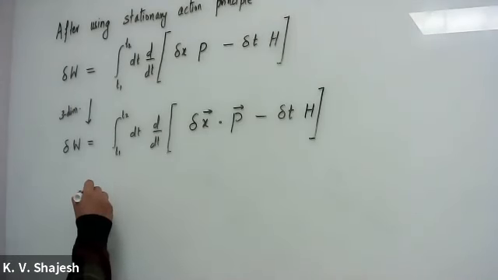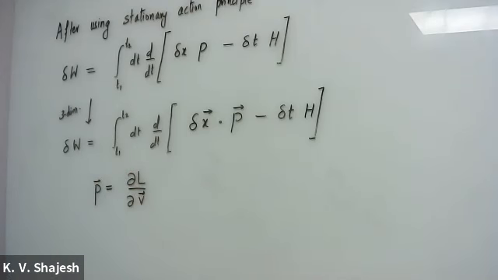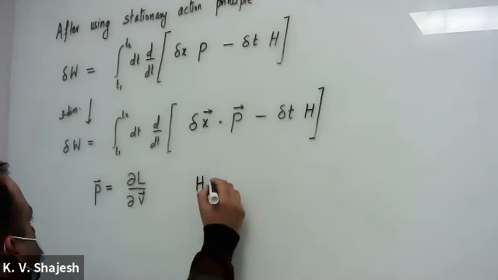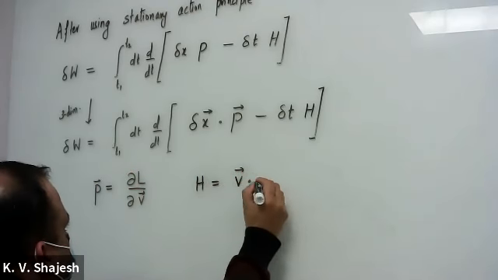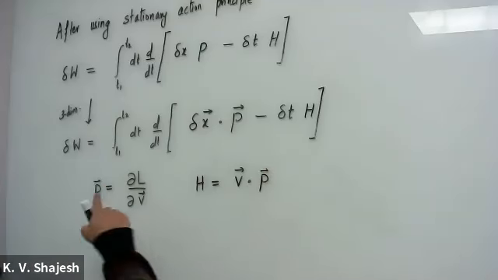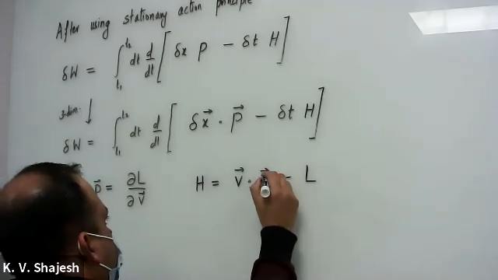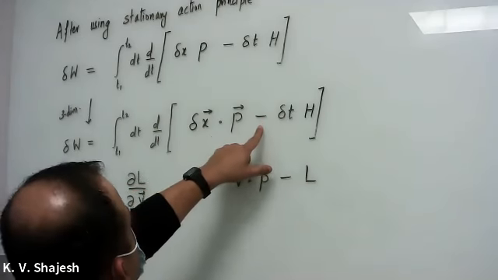So P now is the partial derivative of L with respect to velocity, V as a vector, and H is now the Hamiltonian, which is velocity dotted with P, where P is this dL by dV, minus the Lagrangian. One should see the structure of this negative sign.